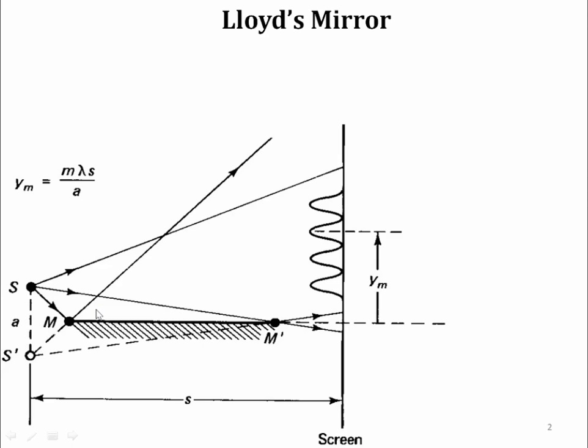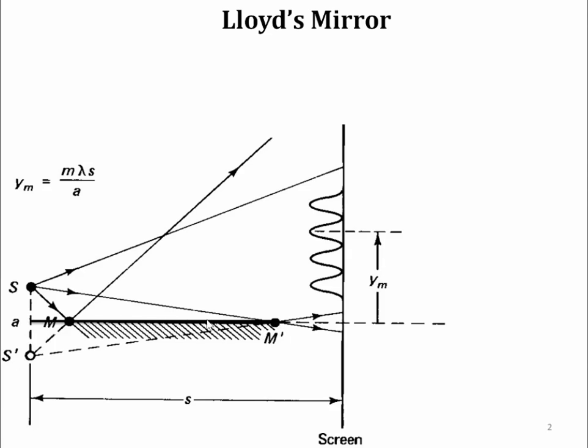Now let us try to obtain quantitatively the expression for the condition for maxima and minima to be produced on the screen as a result of this arrangement called Lloyd's mirror. To do that, let us first draw a line in the plane which contains our mirror.